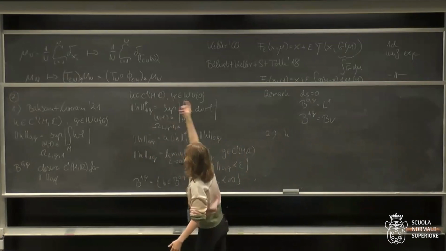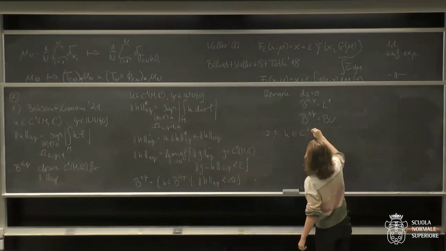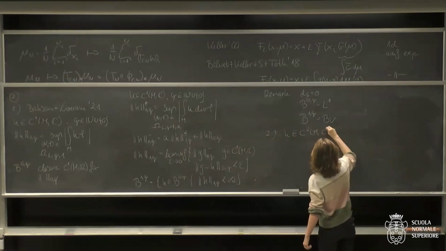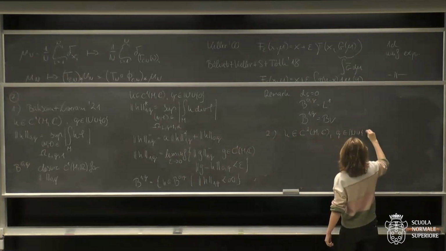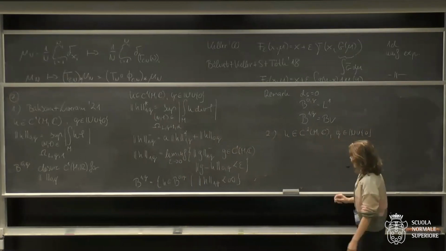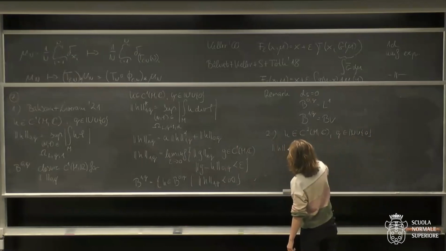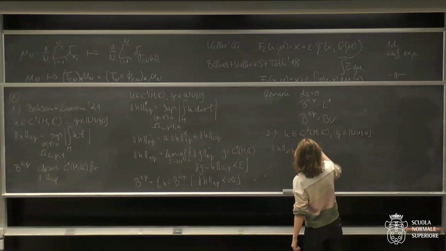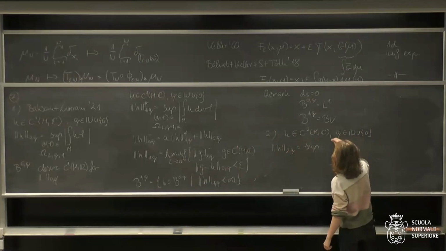So weak spaces, strong spaces, super strong spaces. These are going to be defined very similarly, except they will contain the partial derivatives of h.